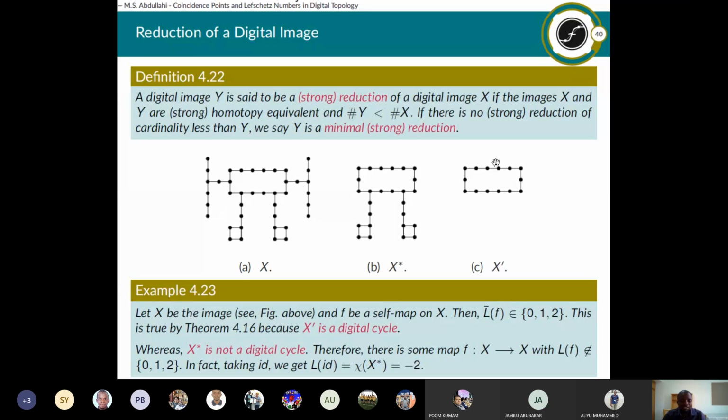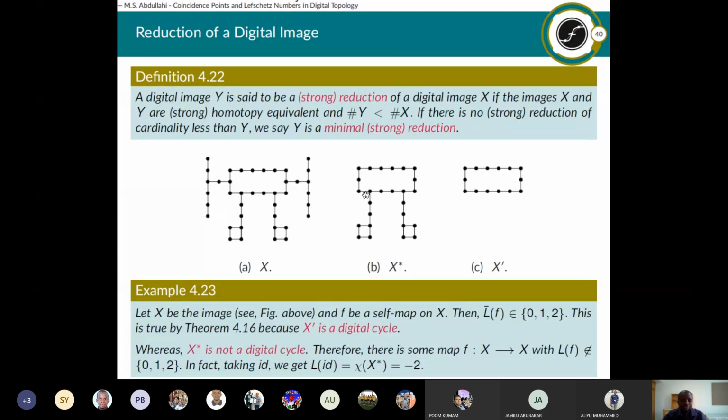This is a cycle that has many points, which is not 4, and by our previous theorem 4.16, its Lefschetz number will be either 0, 1, or 2. Whereas this one is not a cycle, so we cannot just easily calculate it.